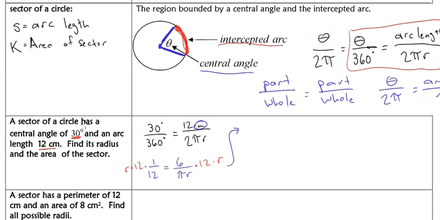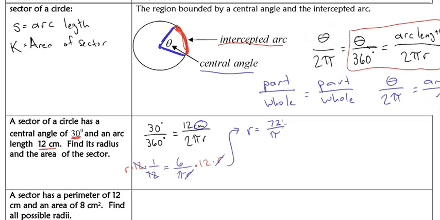All right, so over here, 12 divided by 12, that's 1, and we have radius times 1. So the radius equals, over here, 6 times 12 is 72, and radius divided by radius is 1, so we get rid of that unit, and then divided by pi. So 72 divided by pi.